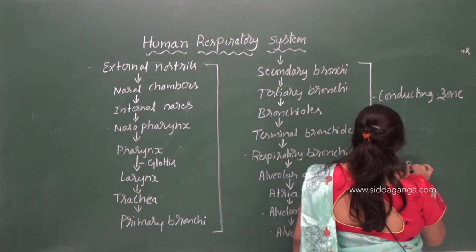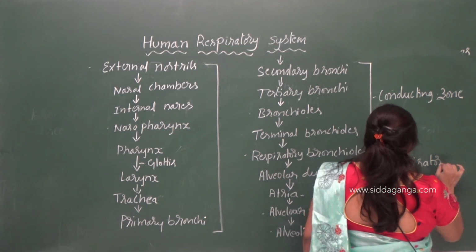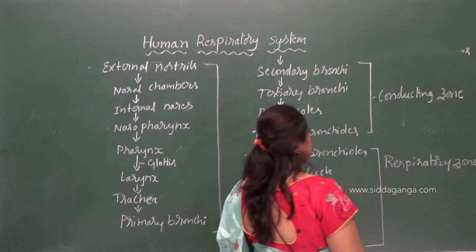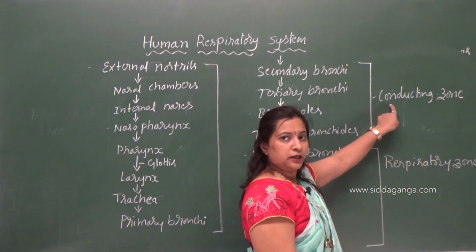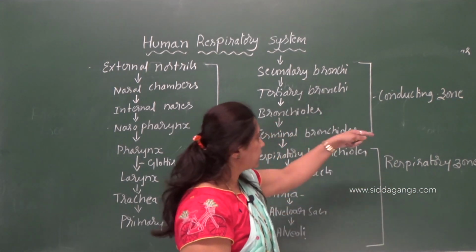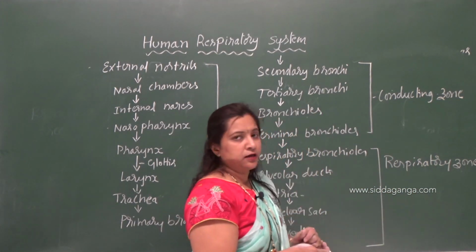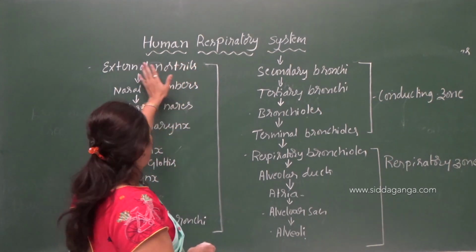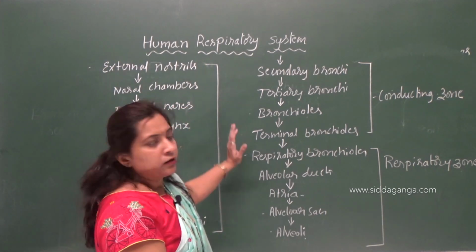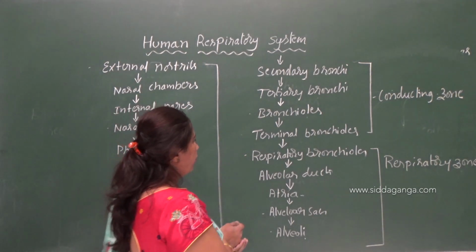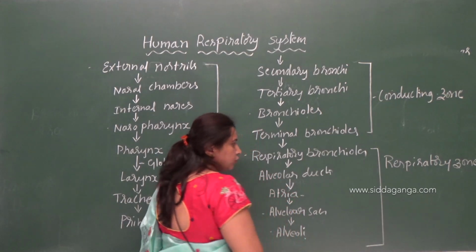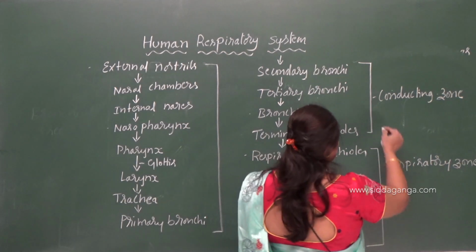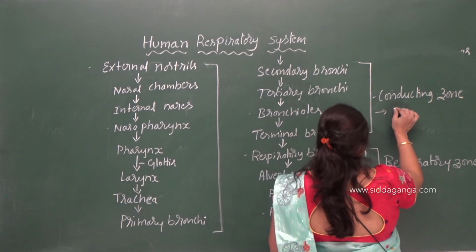So functionally the respiratory tract divides into 2 zones or 2 regions. This is the conducting zone and this is the respiratory zone. So what is the function of conducting zone? As the name itself says, it helps in the conduction of air, atmospheric air, from external nostrils to the lungs. Along with that, the conducting zone also cleans up the air.